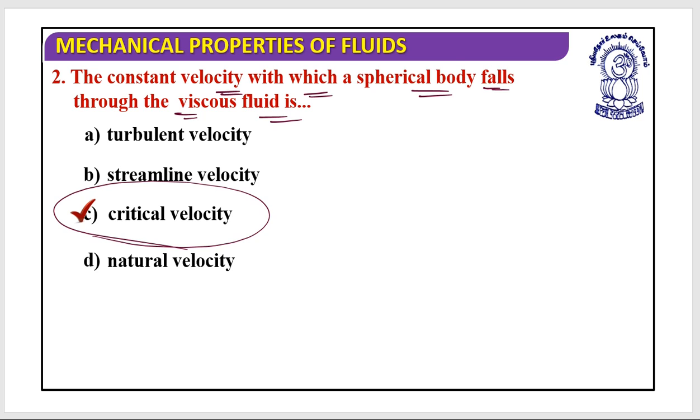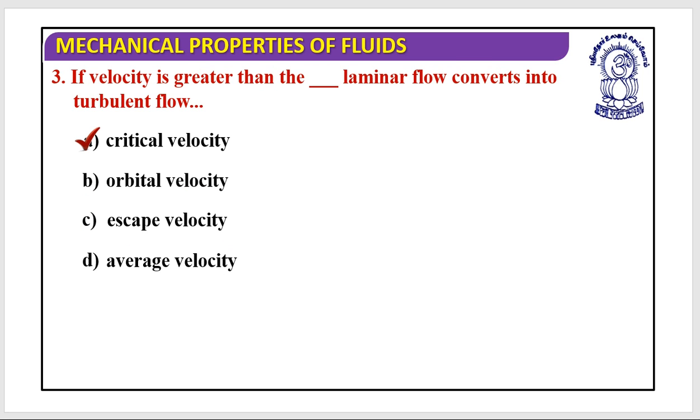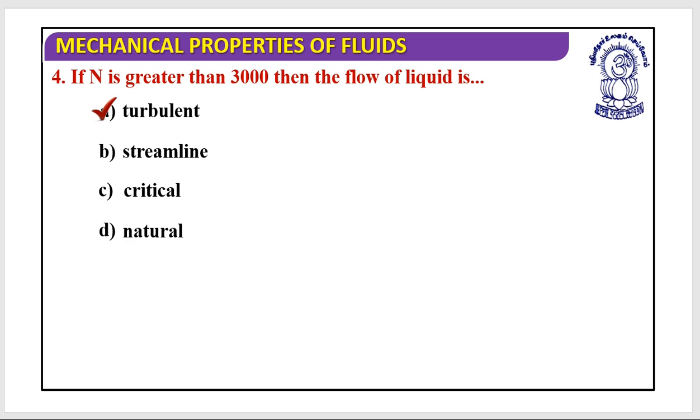Next, if velocity is greater than the blank, laminar flow converts into turbulent. Yes, if velocity is greater than the critical velocity, then laminar will convert to the turbulent. And if Reynolds number is greater than 3000, then the flow of the liquid is considered as the turbulent.